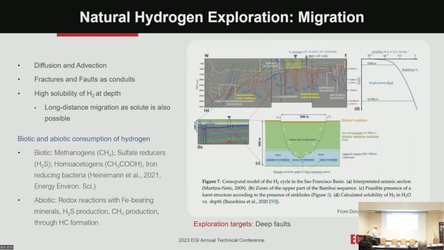We know that microbes consume a lot of natural hydrogen. And there are also abiotic reactions that consume hydrogen to produce other gases. This is not a problem only with natural hydrogen. This could be a problem with hydrogen storage. So again, this is a research area that has a wide range of application.